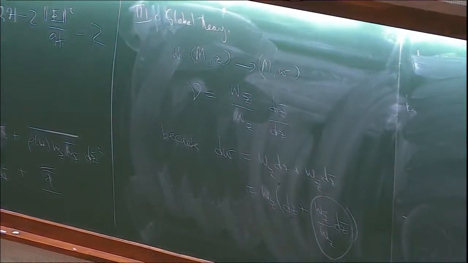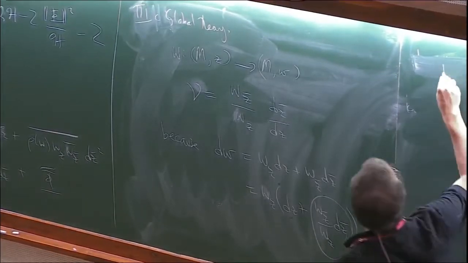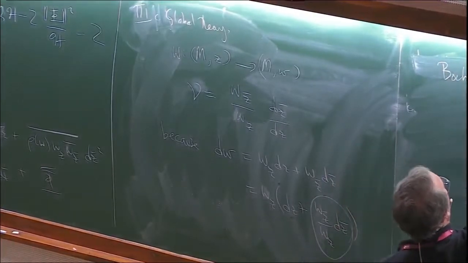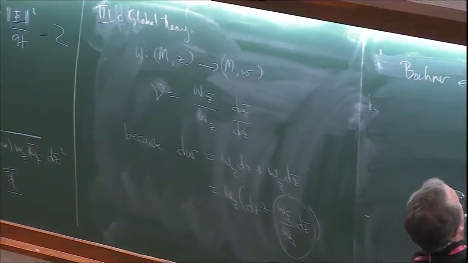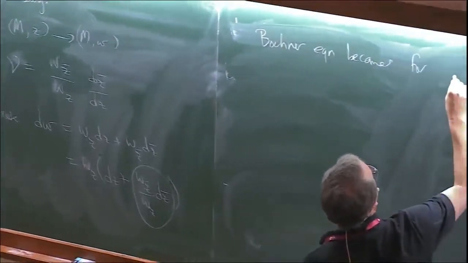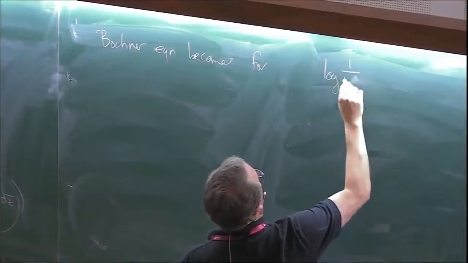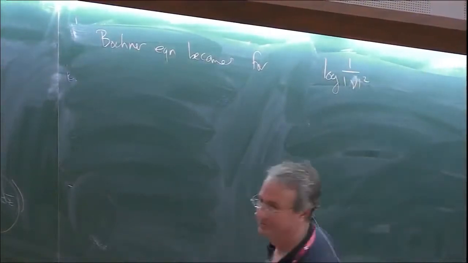Great, so I said let's look at phi and h. I could have looked at phi and the Beltrami differential. If I wanted to look at phi and the Beltrami differential, then the Bochner equation becomes, and let me look at the function log of 1 over nu squared.